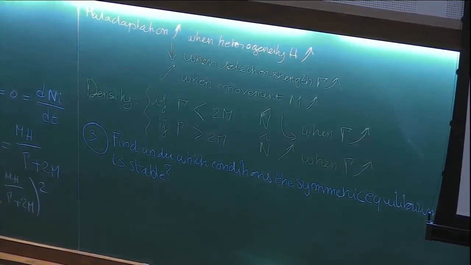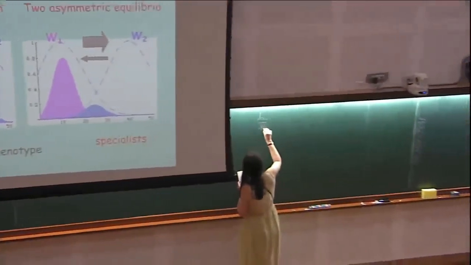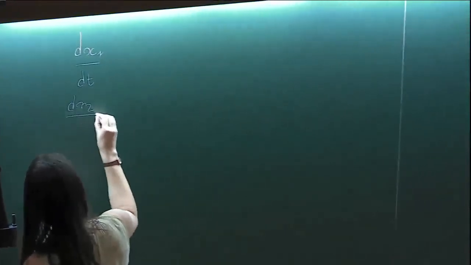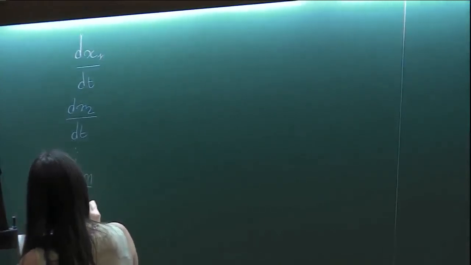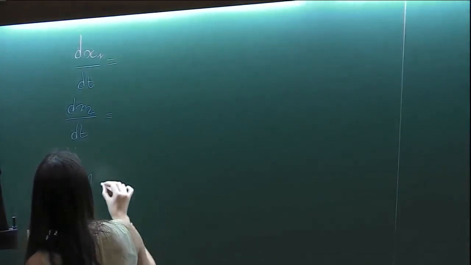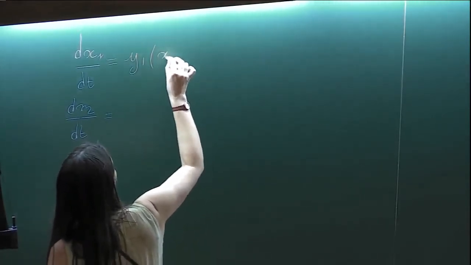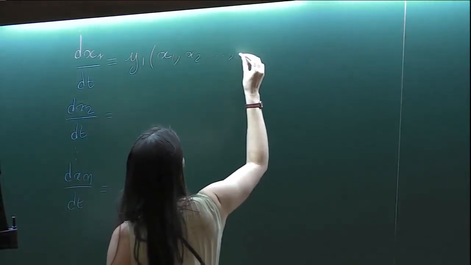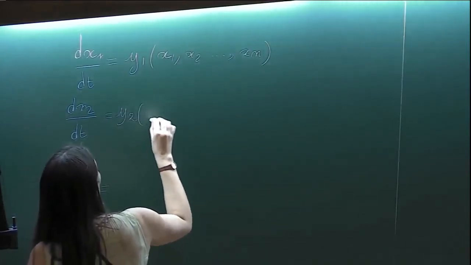So let's just very generally assume that you've got a list of n state variables, and for each of those you've got an equation describing the dynamic of x1 as a function of all other variables in the system.